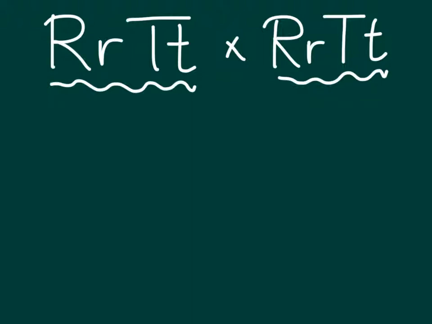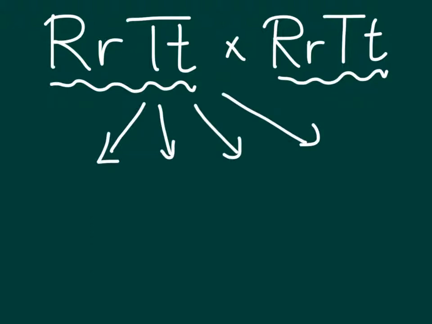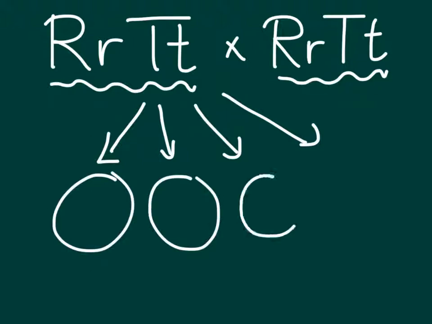So let's look at the 4 potential gametes that parent number 1 will make. And just so you make connections from last chapter, it makes them through the process of meiosis. So this would be the result of meiosis. The 4 potential gametes here.